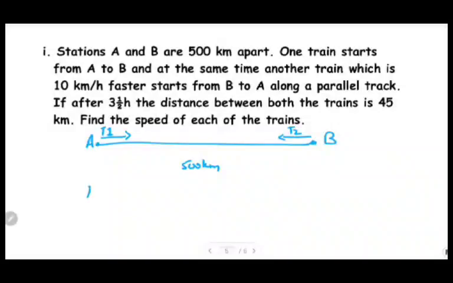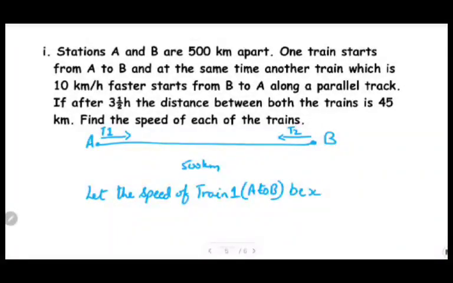So let me say, let the speed of train 1, which is starting from A to B, be x.